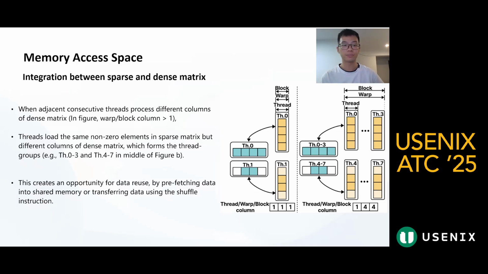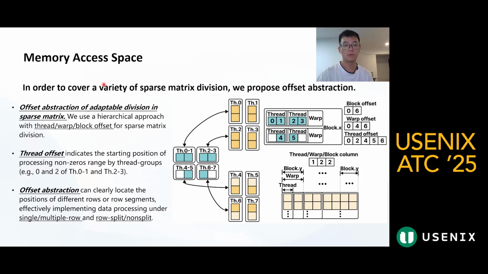In order to cover a variety of sparse matrix divisions, we propose the offset abstraction. Offset abstraction is a hierarchical approach with thread, warp, and block offsets for sparse matrix division. We take the example of thread offset.